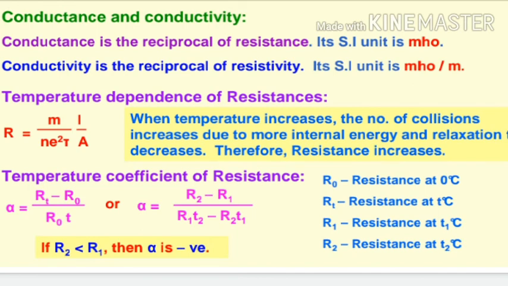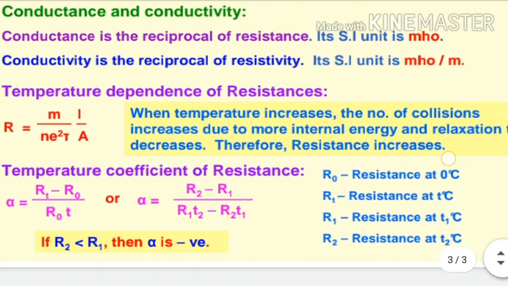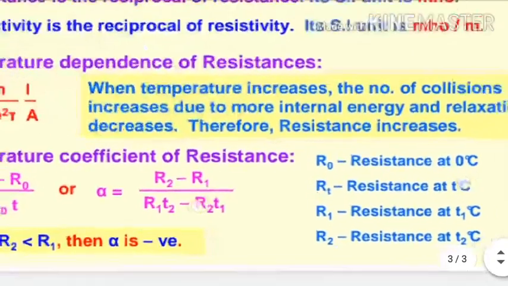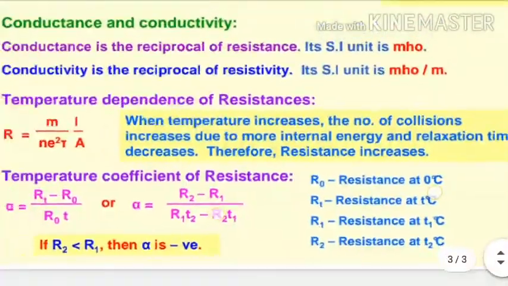If R2 is less than R1, then alpha is negative. If R1 is greater than R2, then alpha becomes positive. Here R0 is the resistance at 0 degree centigrade, RT is the resistance at T degree centigrade, R1 is the resistance at T1 degree centigrade, and R2 is the resistance at T2 degree centigrade.